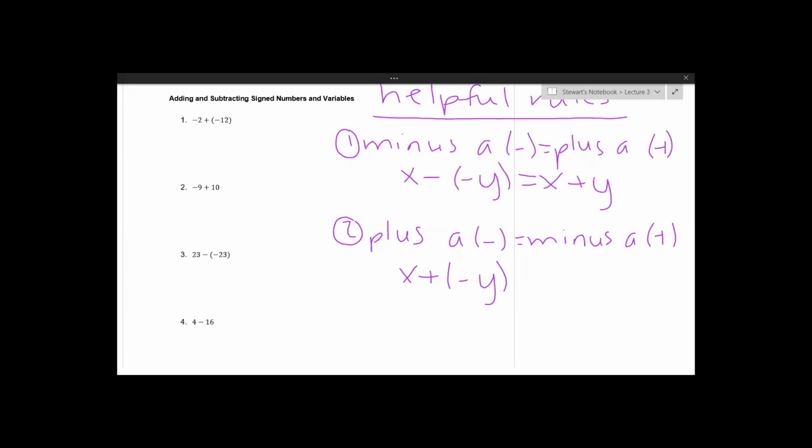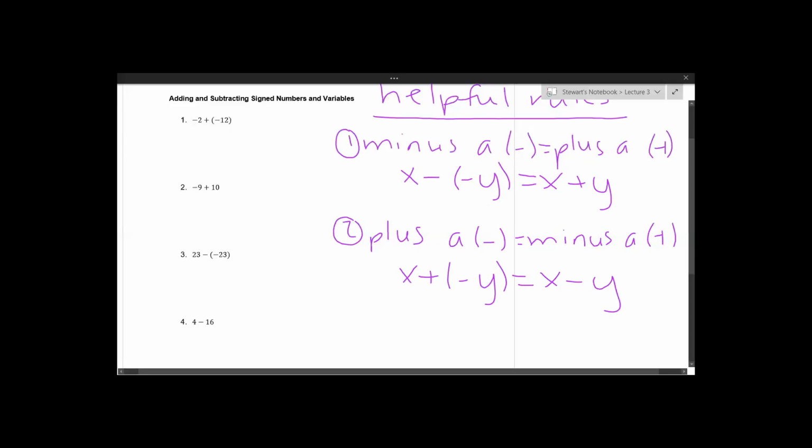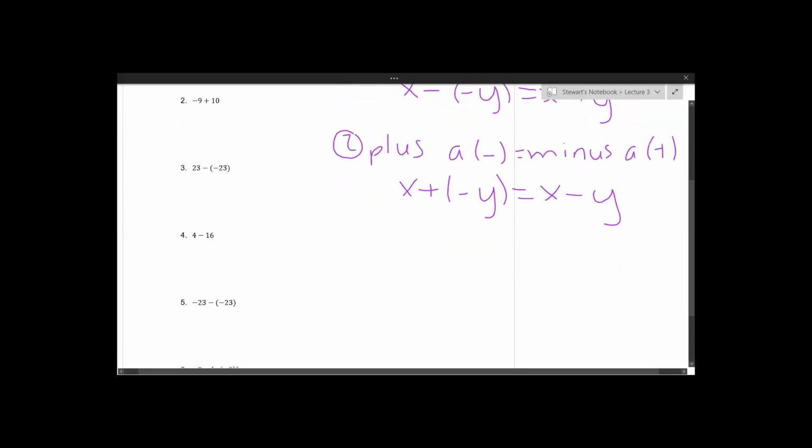And when we multiply positive 1 times negative 1, we get negative 1 overall. So this could simplify back down to x minus y, which sometimes is helpful to think about too, because it's a little confusing when you see two operation symbols right next to each other. So the more you can condense, the more it can help you out overall.